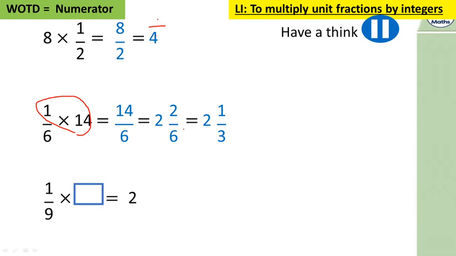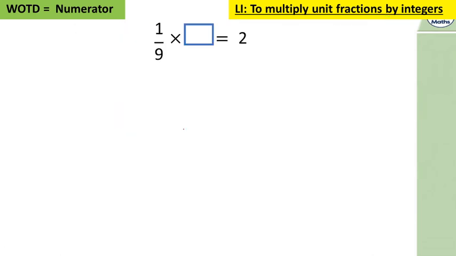The last one is saying 1/9 times what equals 2 wholes. So we're just going to look at this a bit further. If we figure out what 2 wholes is in ninths, which is 18 ninths, because remember 9 ninths is 1 whole, 2 lots of 9 ninths is 18 ninths, because it's a bit like saying 9 ninths plus 9 ninths, which is 18 ninths.